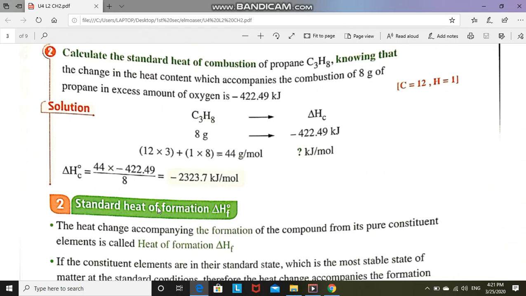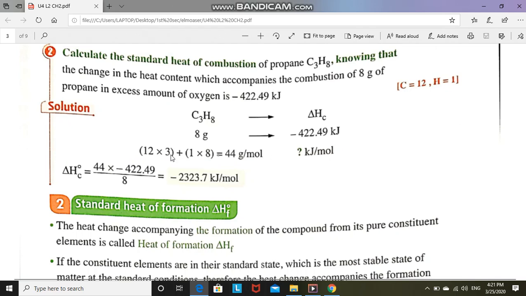But if we produce it for 1 mole of this substance, we will take it as the standard heat of it. Okay, if we make a burning for 8 gram of propane in excess amount of oxygen, we have here propane 8 gram, it will produce this amount or quantity of heat.